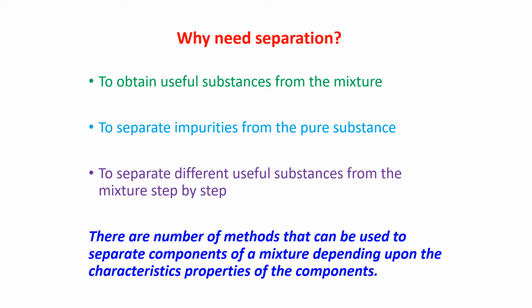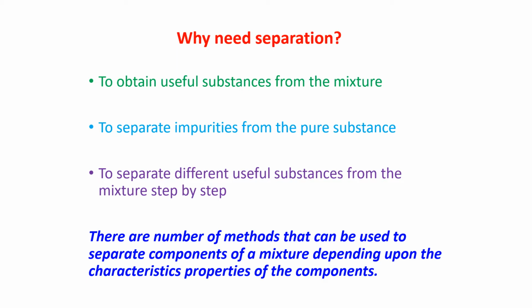Why do we need separation? First, to obtain useful substance from the mixture, to separate impurities from pure substance, and to separate different useful substances from the mixture step by step.